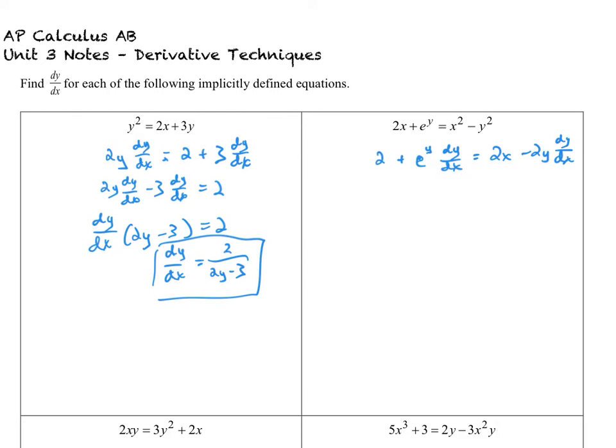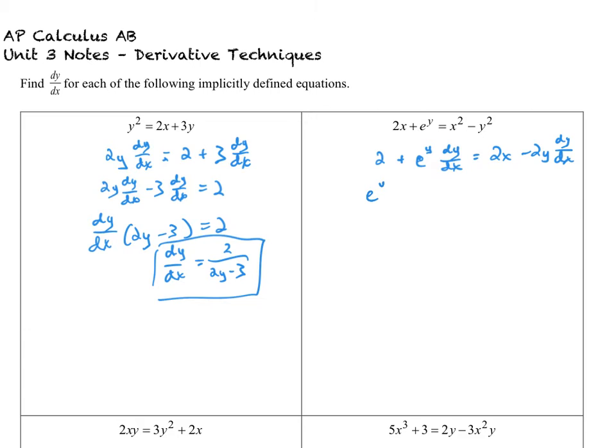Okay, so now I need to move some things around once again, and I need to see if I can get the dy over dx by itself. So we'll send the 2 over to the other side, pull the 2y dy over dx back over here. Take care of that all in one fell swoop if we can.